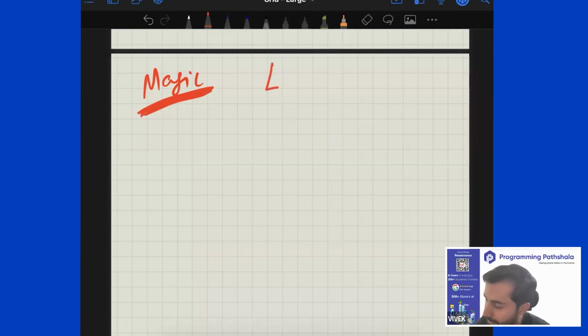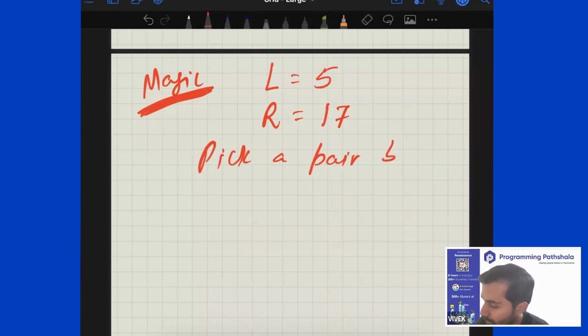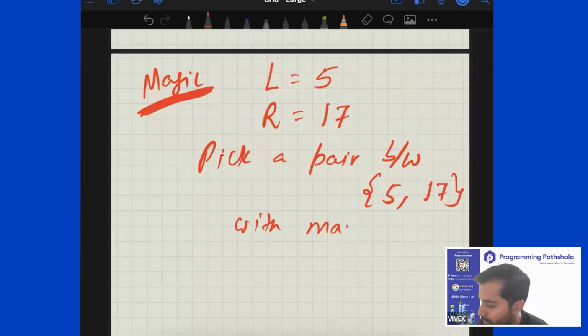You have been given L and R. L could be anything, let's say 5, and R also could be anything, let's consider 17. You have to pick a pair between 5 and 17 with maximum XOR.